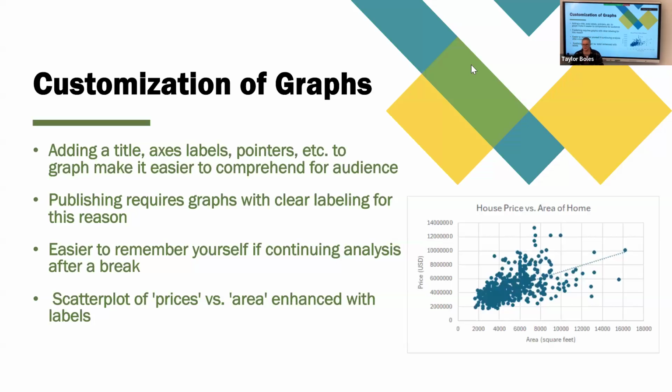Adding a title and labels to a graph makes it easier for you guys to read, for professors to read, for audience members. Interpretability is a lot nicer. Especially if you do your graph and turn it in, it's just nice to label the graphs. So that's just an example of how we did that.